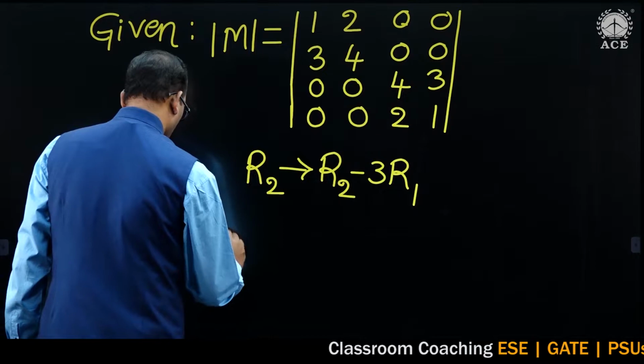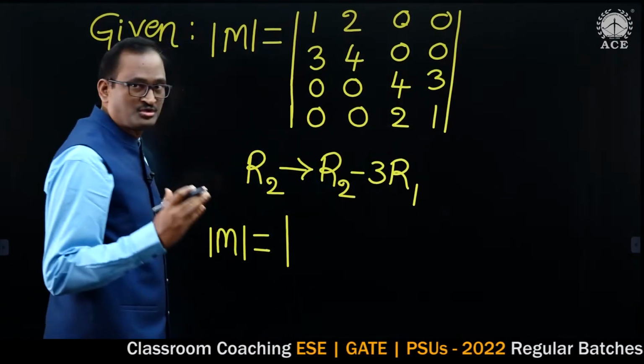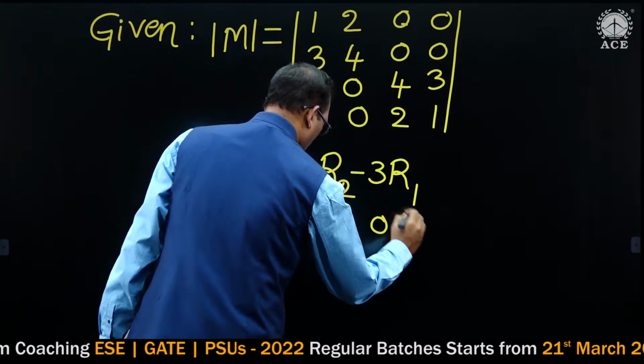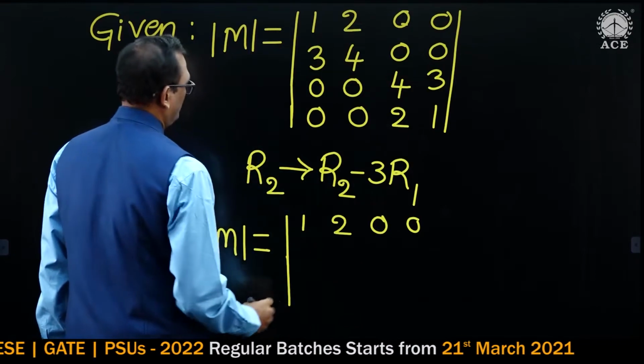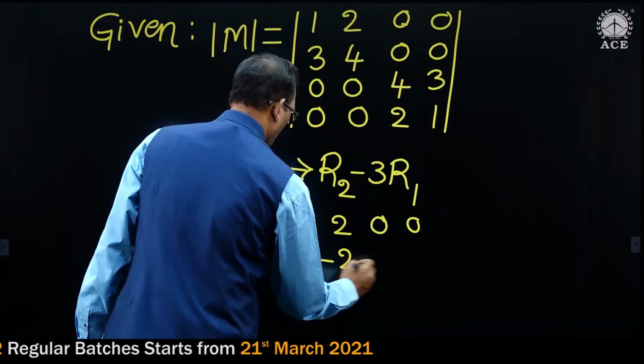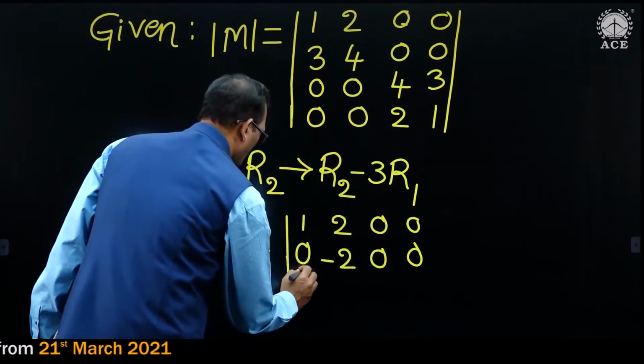So M is equal to first row as it is, that is 1 2 0 0, then 3 minus 3 is 0, 4 minus 6 is minus 2, 0 0, third and fourth rows as it is.